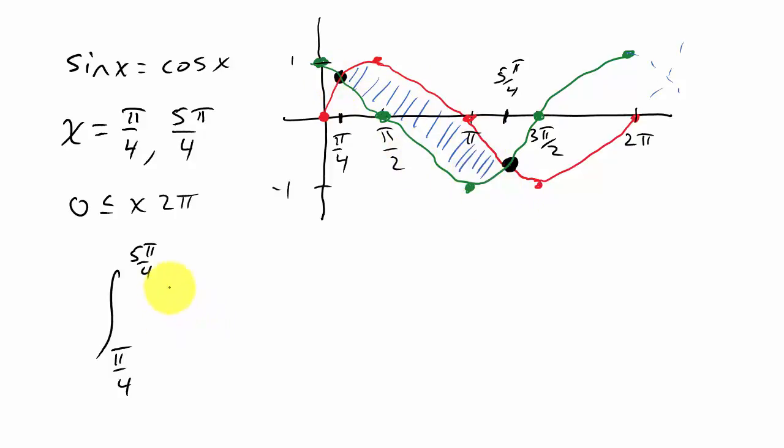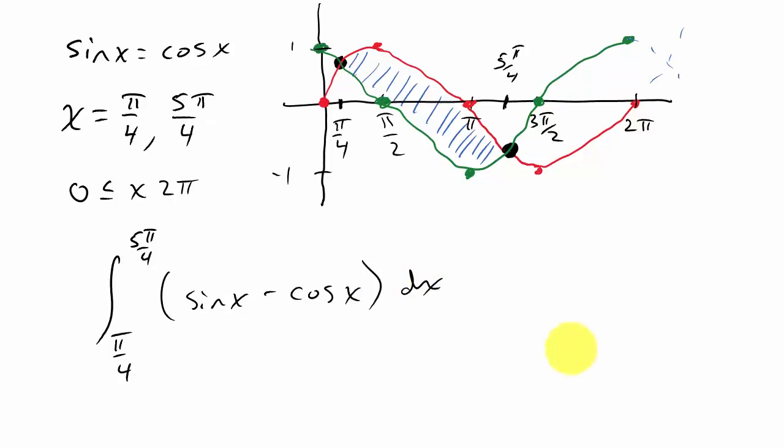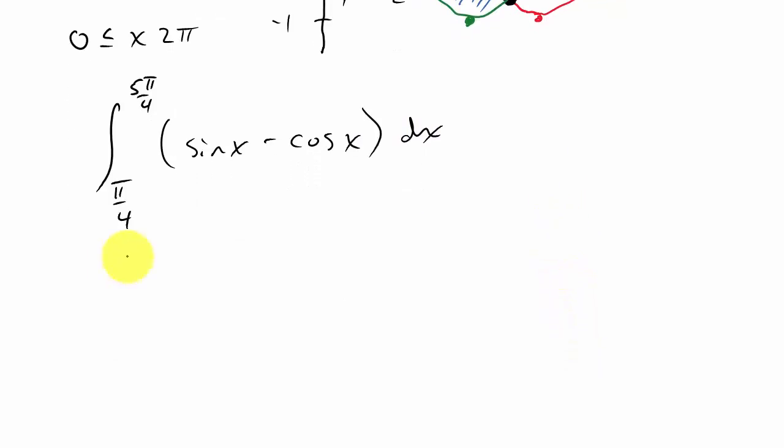So that's going to be sine x minus cosine x, and I'm integrating with respect to x. Now all we have to do is integrate this. The antiderivative of sine x is negative cosine x, and the antiderivative of cosine is sine. And I'm going from pi over 4 to 5 pi over 4.